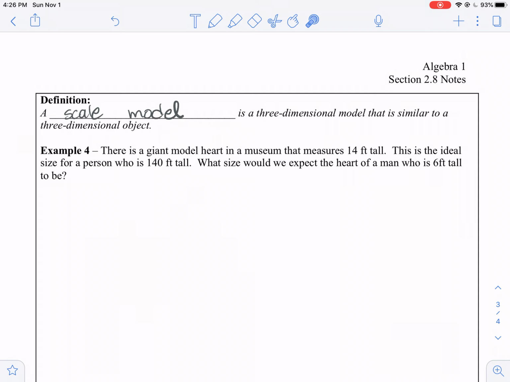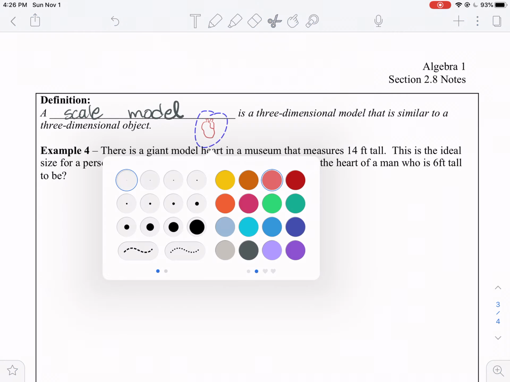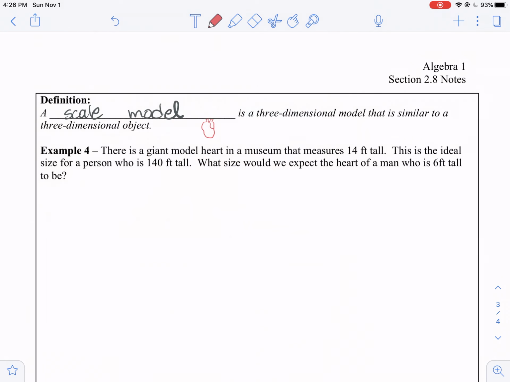Like, there's this museum that has a giant model heart. It's this giant thing that's shaped like a heart, and it's this big ol', like, whatever hearts look like, right? But I can't actually draw that. So we're going to use the cute heart instead. So they have this giant model heart that's 14 feet tall.